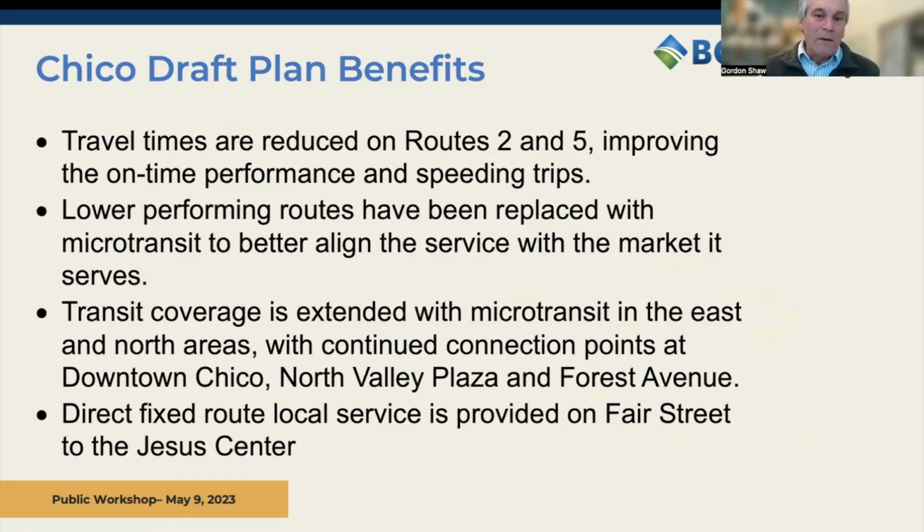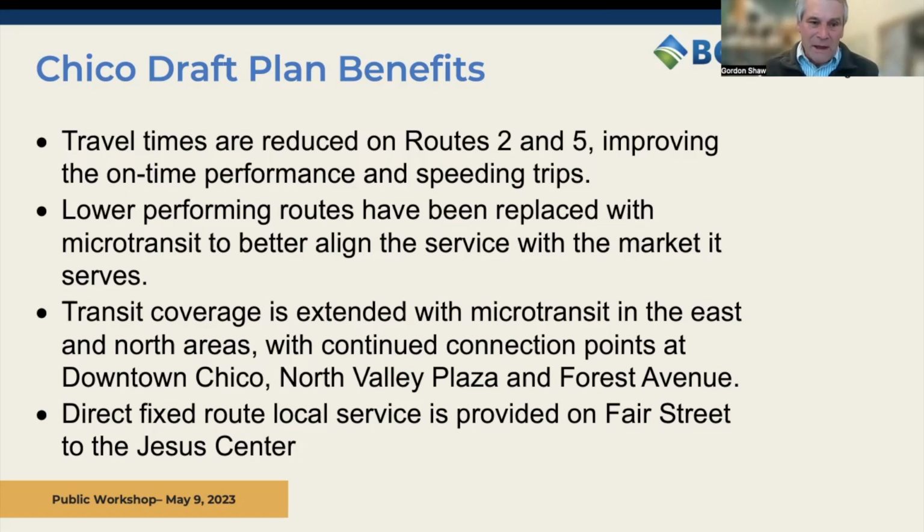Why we think this is a good plan. And I will say it is a draft plan, so it can be changed. We're not saying this is the final plan, but it is in our draft plan. We've reduced the travel times on routes 2 and 5 by streamlining them a bit and making it 2-directional. We're improving the on-time performance.